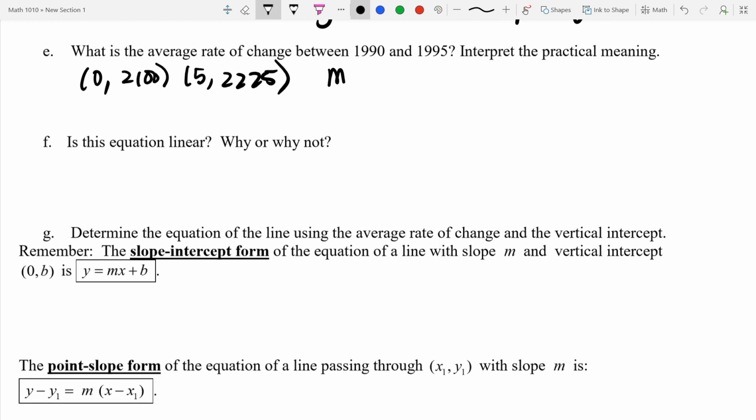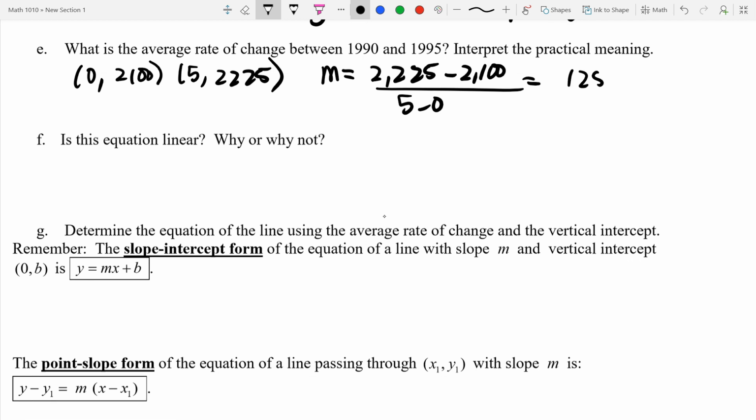Everybody go m equals 2,225 minus 2,100 over 5 minus 0. So 2,225 minus 2,100 is 125. Divided by 5 is 25.